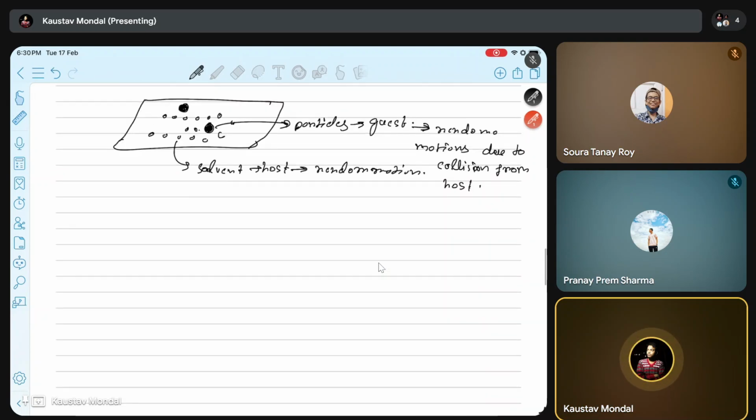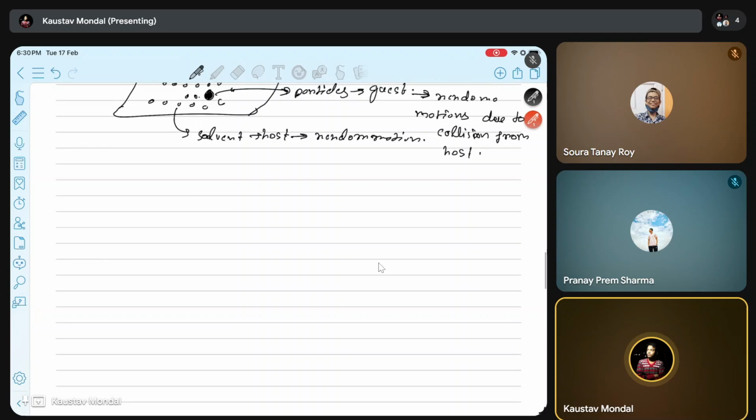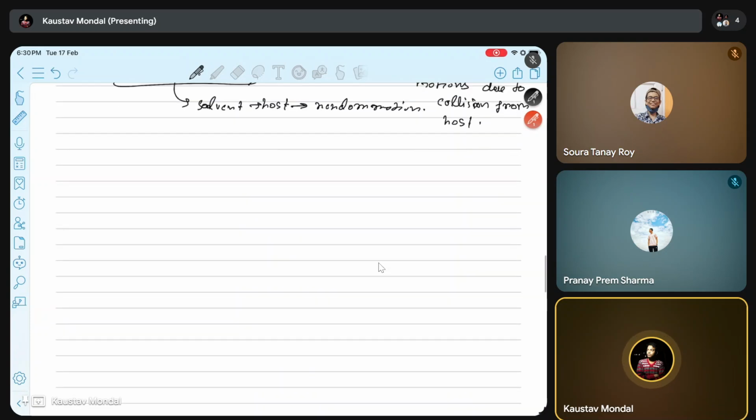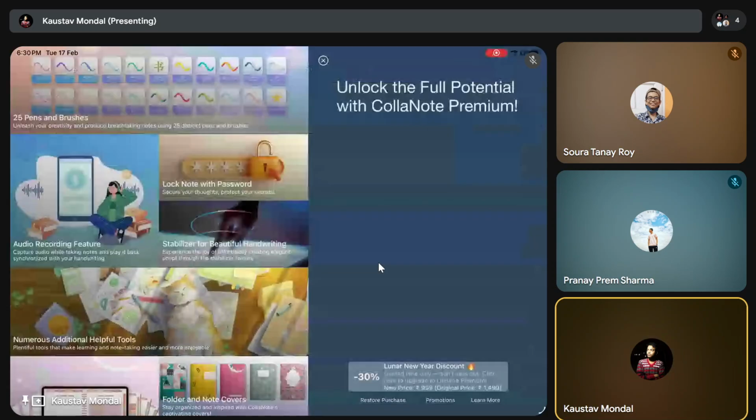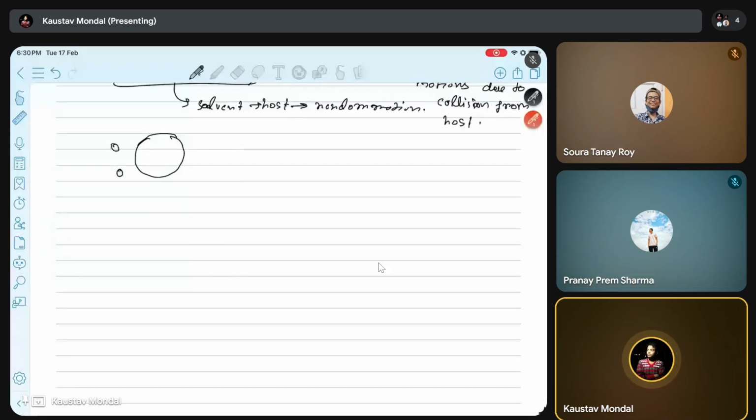From experiments and from simulations, what has been observed is that if the particle size is bigger, the collisions come from different directions. Let's suppose this is an external particle and these are the small solvent particles. If the external particle is larger, all these collisions coming from different directions basically average out, so the forces are balanced out.